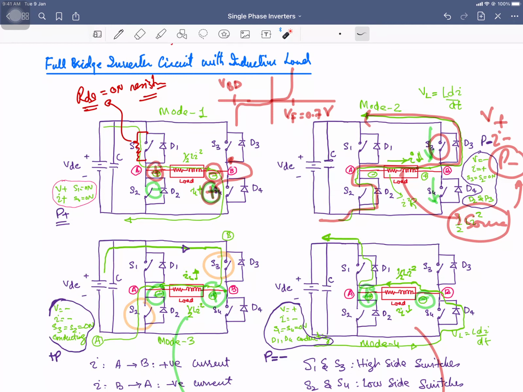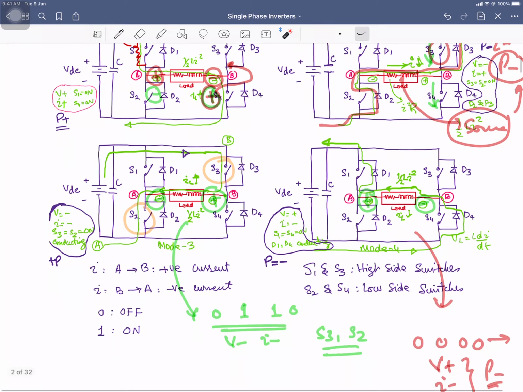However, if you have an inductive load, then you will be feeding the energy from the inductor back to the source. If you have a purely resistive load, then there will be no reverse flow of power, only the power flows from source to the load. But in the case of the inductive load, for some portion the power flows from the source to the load, and for some time from the load back to the source.